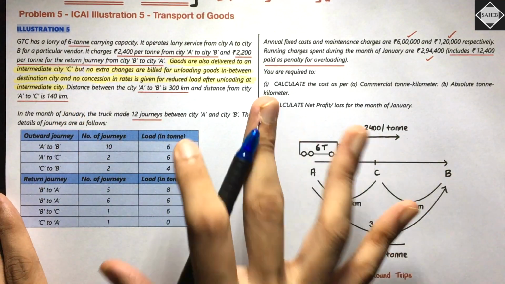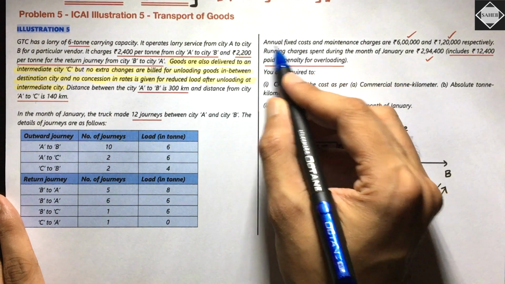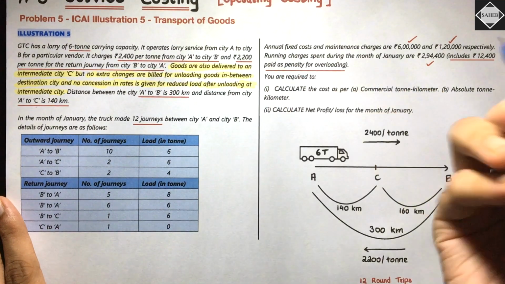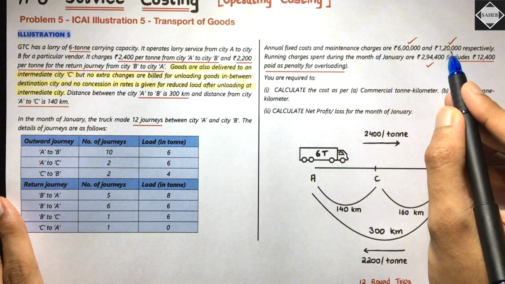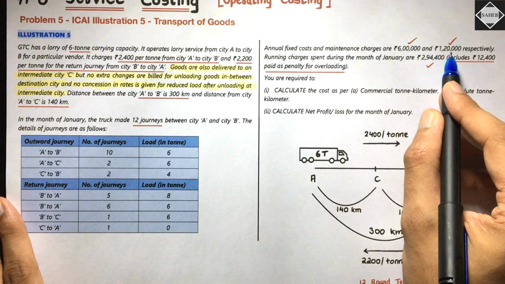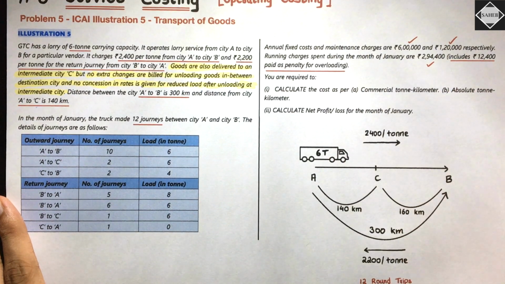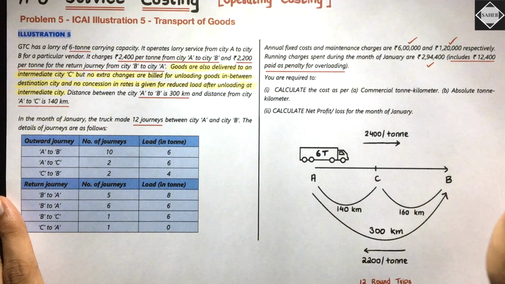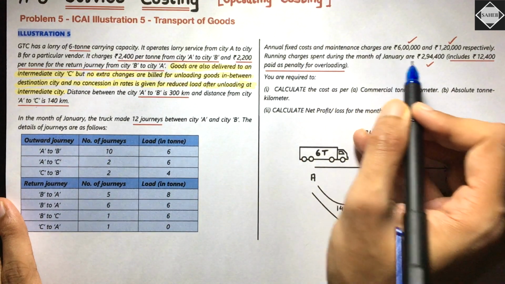So we are going to solve this question on a monthly basis only, but here annual fixed cost is given, which means standing charges, isn't it? So we have to divide it by 12. Then maintenance charges is also annual only, so we have to divide this also by 12, right? So that will be 10,000 maintenance charges for the month of January. Is it clear?